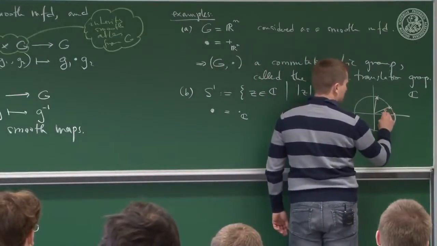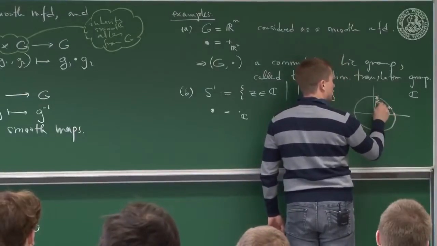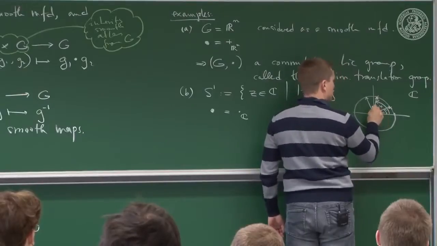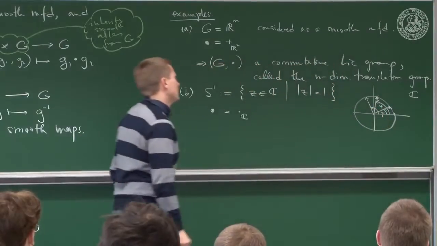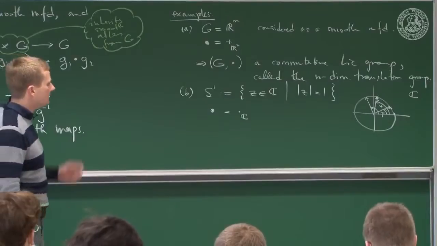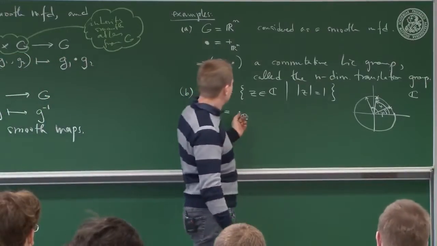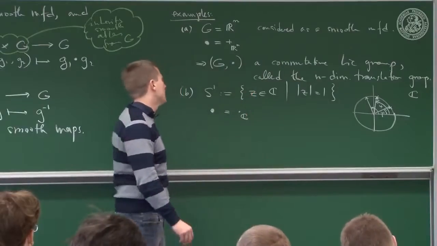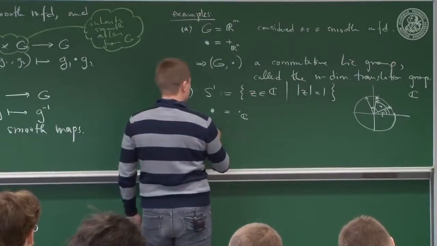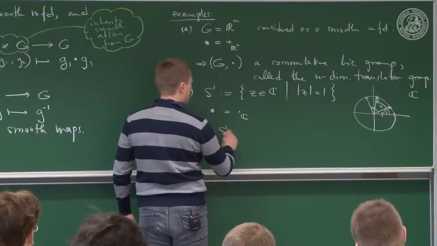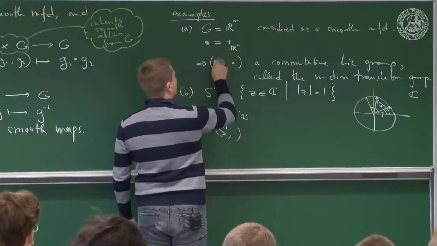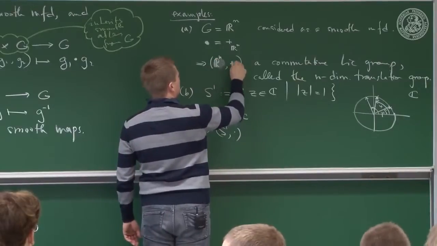So if this was an angle phi and this was an angle psi, then the product is here, the number with angle phi plus psi. And you easily see that with this multiplication, everyone has an inverse, and you can go back and forth, and so on.